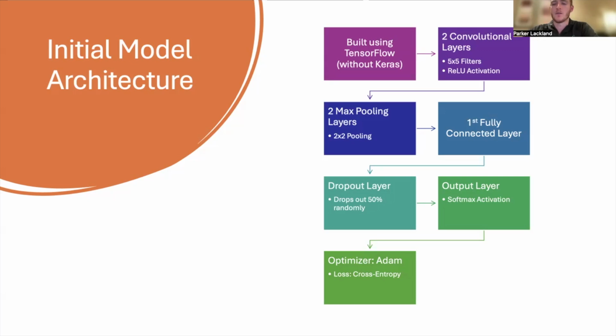There was our first fully connected layer and a dropout layer in between that would drop out 50% of that output at random. And then our final fully connected layer that also consisted of an output layer that used softmax activation to compute our cross entropy loss, which was also a part of our optimizer, which was Adam, that was used for this convolutional neural network.